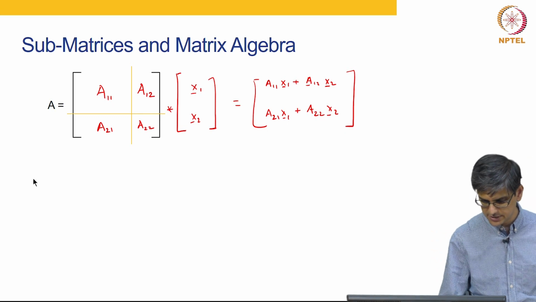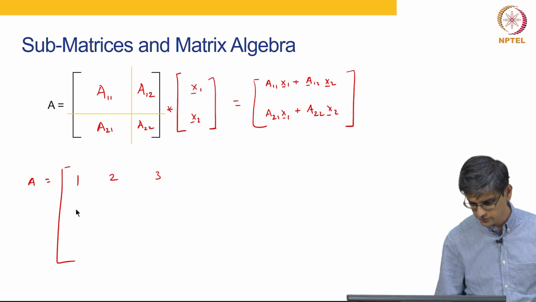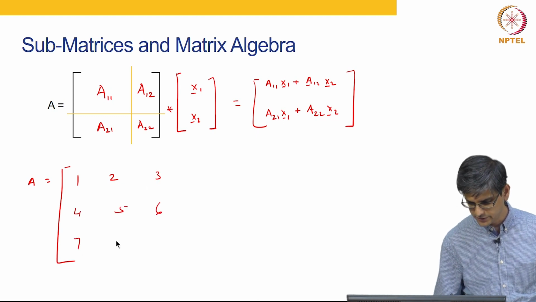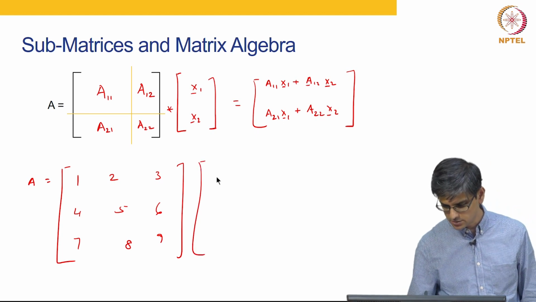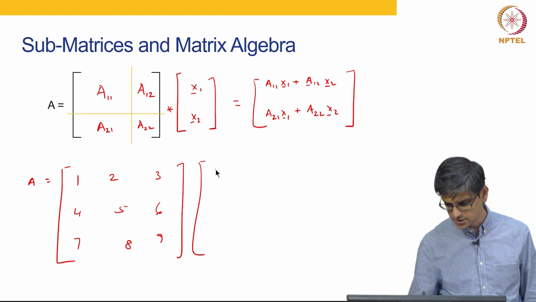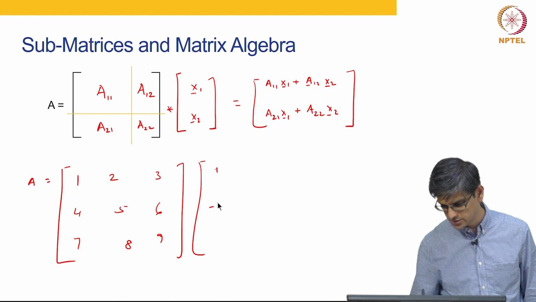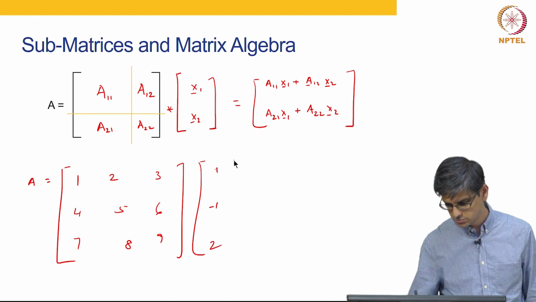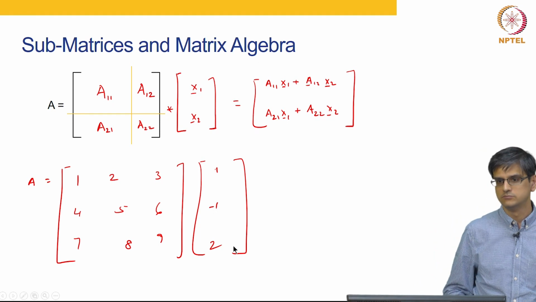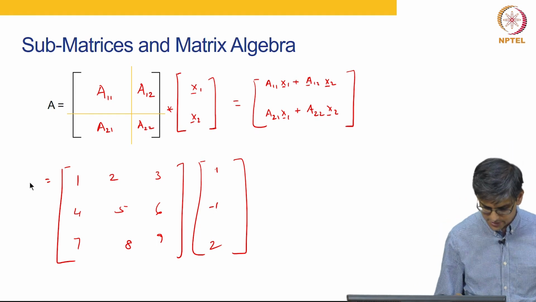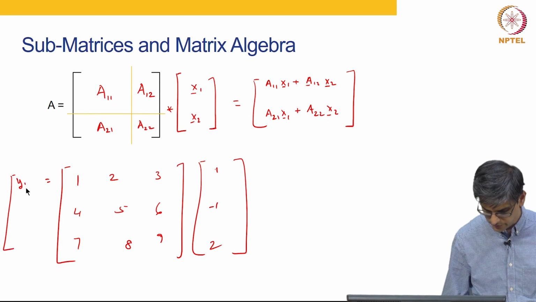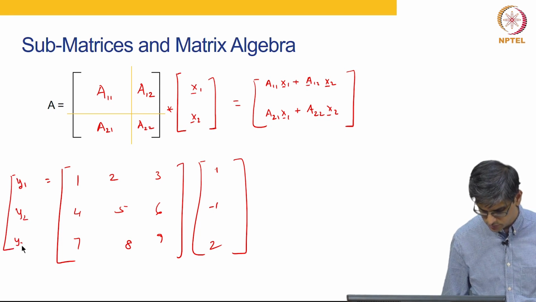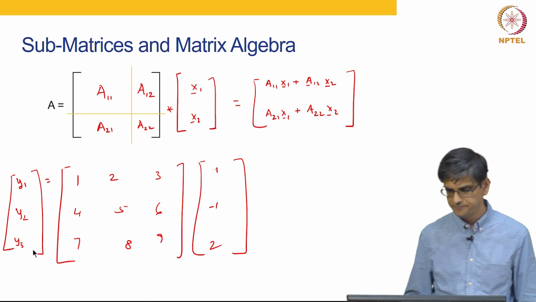What do we mean by that? Let us take an example. 1 2 3 4 5 6 7 8 9, and let us take x as 1, minus 1, 2, and let us say the result is y1, y2, y3.